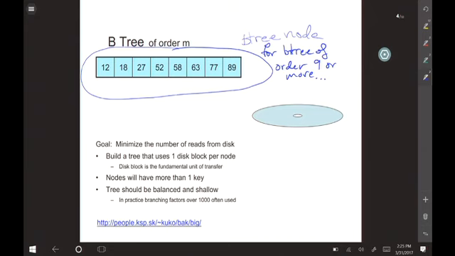So in fact there's a correspondence between the block and the node. The block of data is the data contained in a node. So we want to minimize the number of disk reads. Yes, nodes will have more than one key. Trees should be balanced and shallow. In practice, branching factors, or, oh, we don't even know what that means yet.